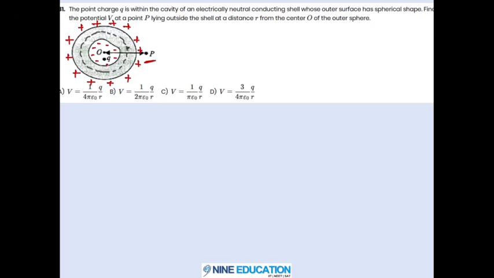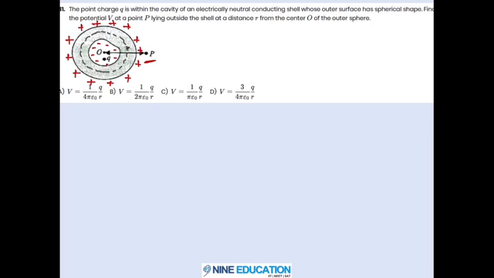In other words, this exterior point is only influenced by this exterior charge. The Q which is inside the cavity is unaffected by the surroundings outside the sphere. This is called electrostatic shielding. You must have learned this. Okay, let us finish this question, then we'll discuss some interesting stuff about this electrostatic shielding.